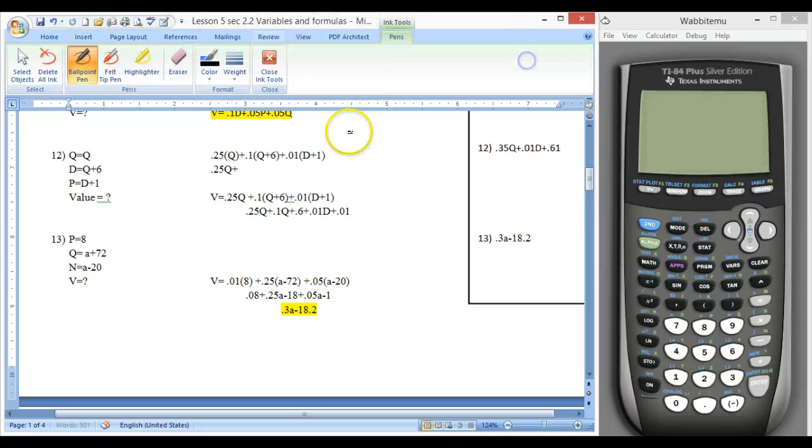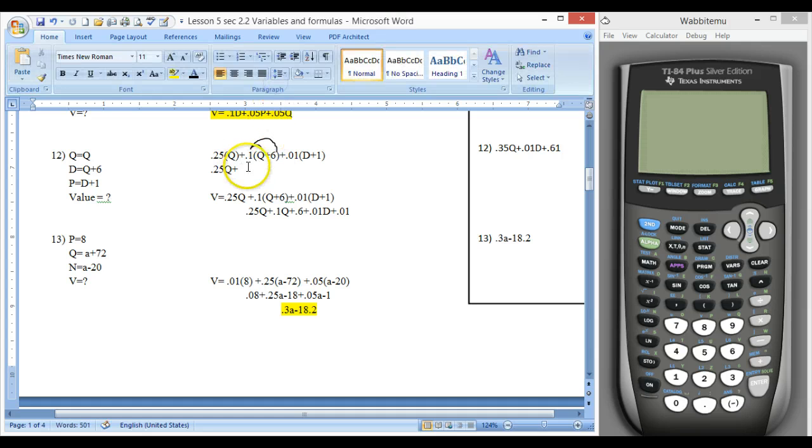The distributive property is when I multiply this into every single term, and terms are separated by a plus or a minus sign. So here I have the Q and the 6. So I have 0.1 times Q is 0.1Q.